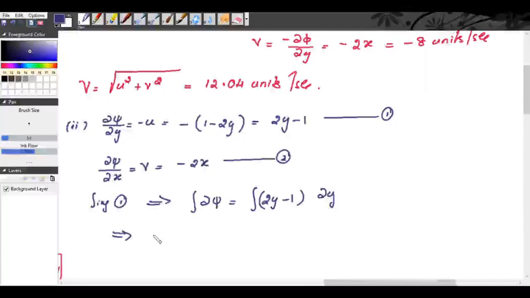So when we integrate, we get psi is equal to 2y square by 2 minus y plus a constant of integration.